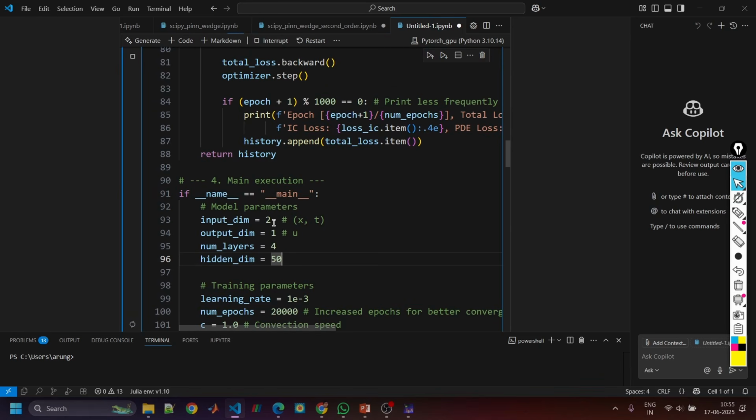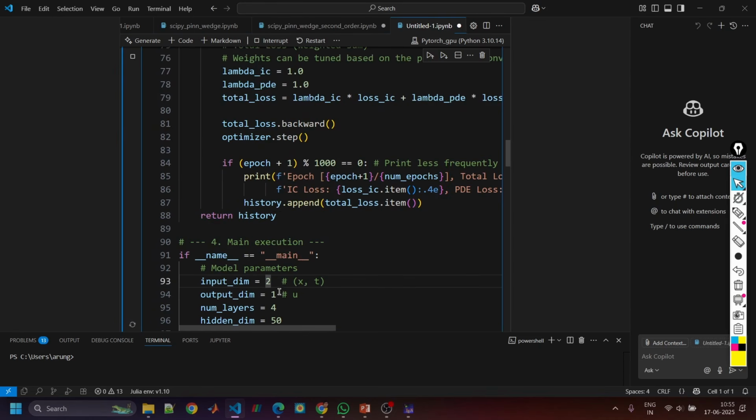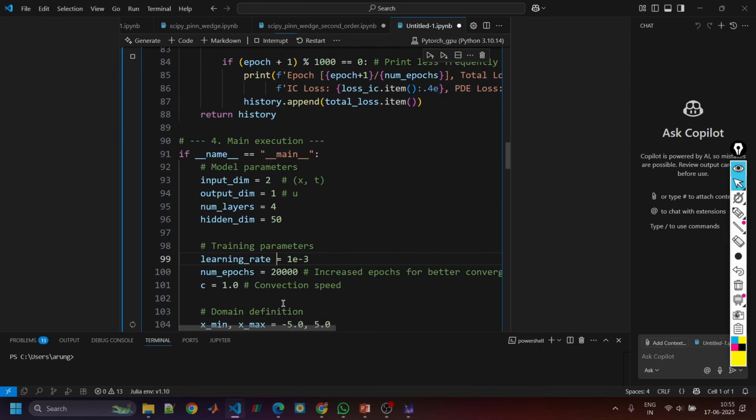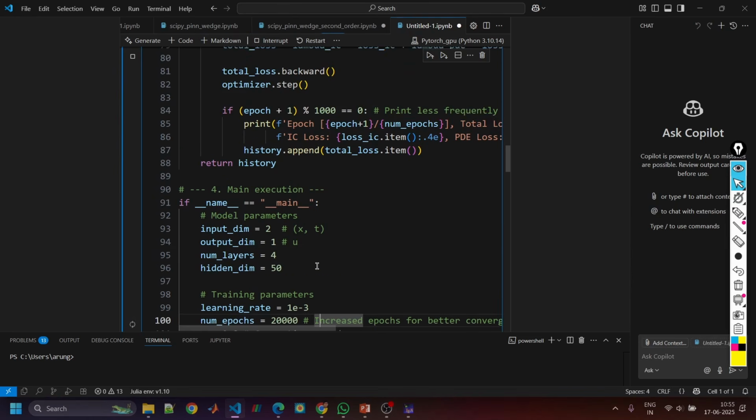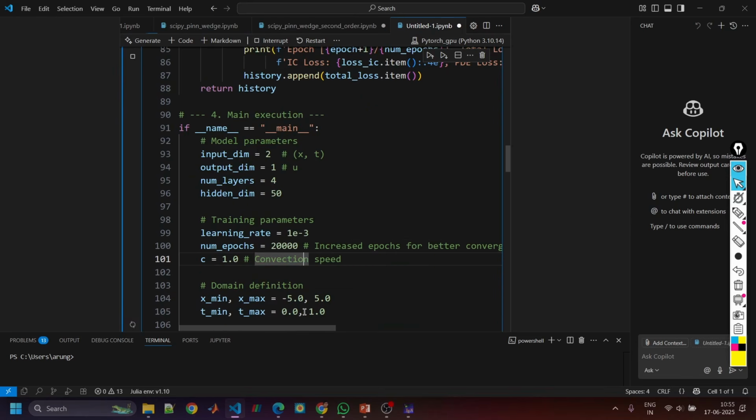Here our input dimension is 2 because we have two features, x and t. The output is 1, the number of layers is 4, and the hidden dimension, the number of neurons in each hidden layer, is 50. We have used 10 power minus 3. Anyway, I don't think we need this many iterations.